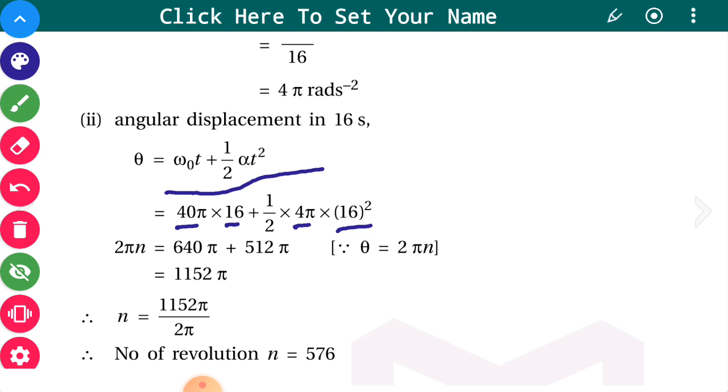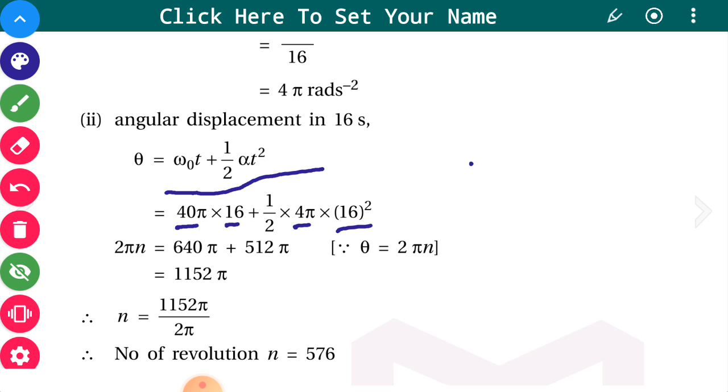If you simplify, then you will find the angular displacement.